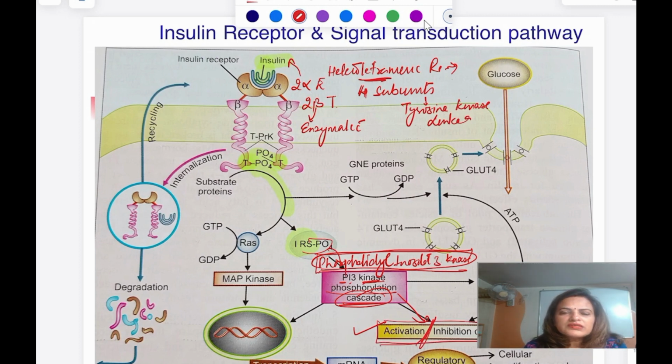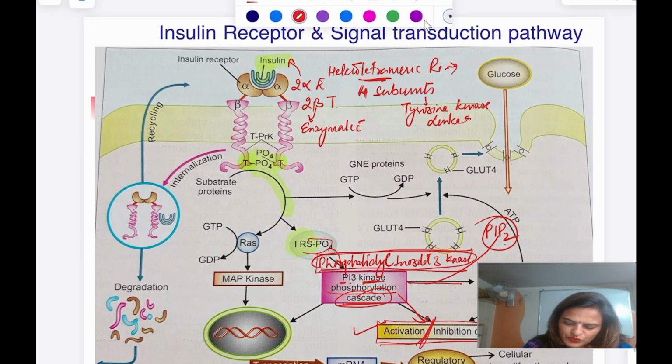The second thing is that this is also going to cause a phosphorylation of the second messenger. Here it is hidden. Which second messenger? It is PIP2. There is a generation of PIP2, phosphatidyl inositol 4,5 diphosphate. Now what is the action of this?